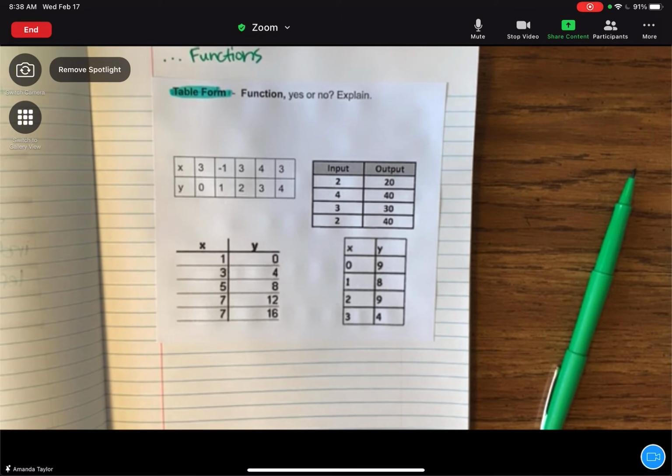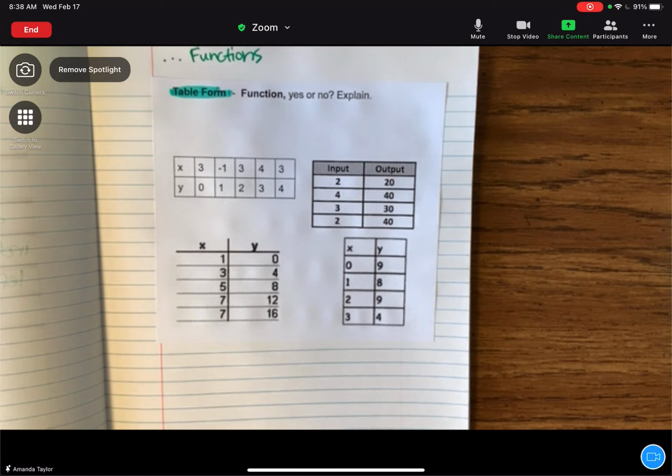One of these tables is a function or represents a function. So you've got four relations here, four groups of points, and only one of them is a function. Looking at the numbers, don't worry that some are horizontal tables, some are vertical tables. Some say X, some say Y, some say input, some say output. I want you to focus on the numbers.